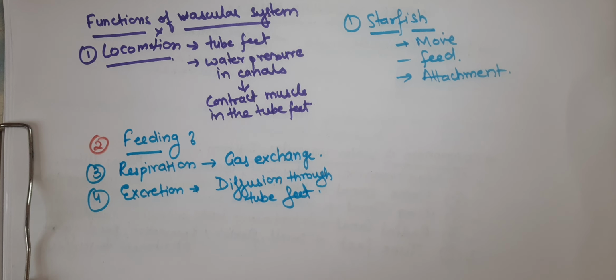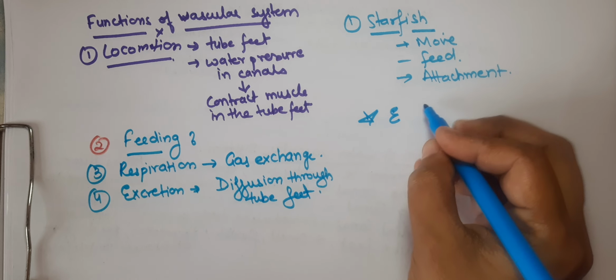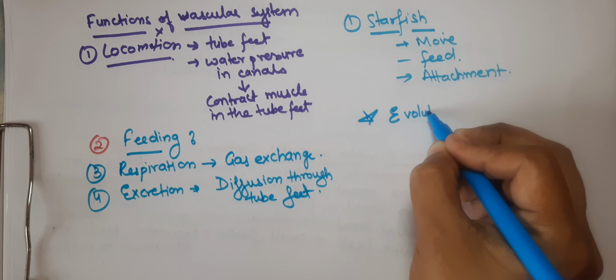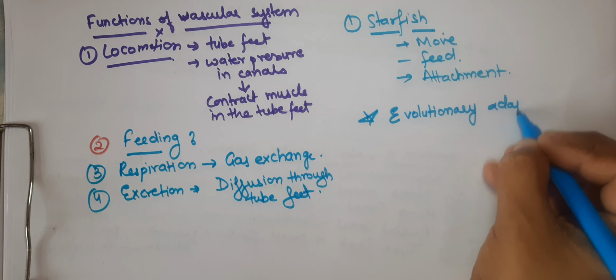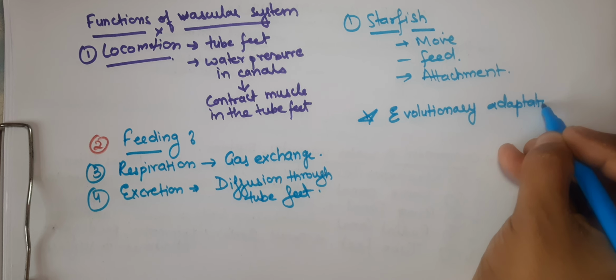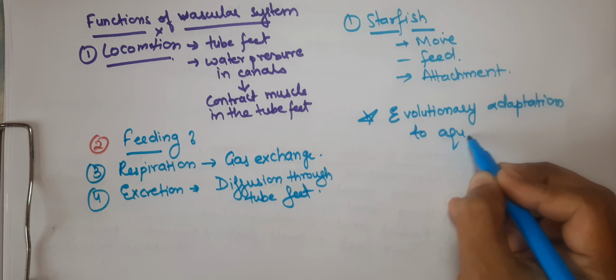So to conclude, the water vascular system is a defining feature of the echinoderms, showcasing their evolutionary adaptation in order to survive in the aquatic environment.